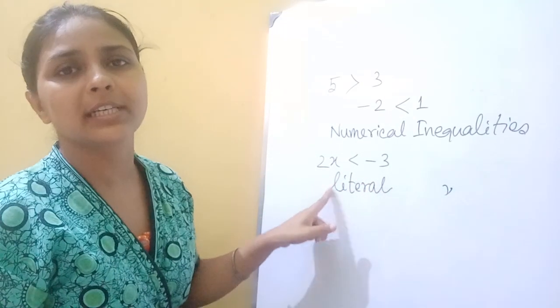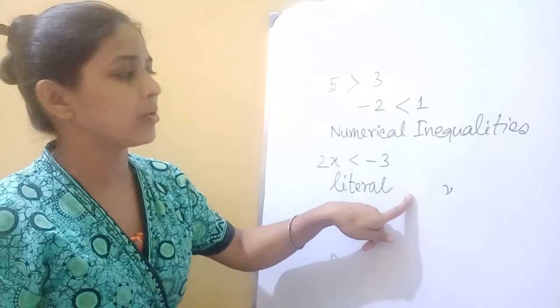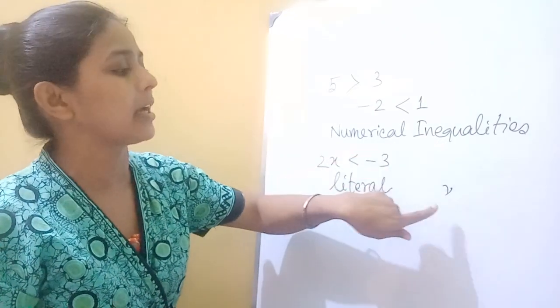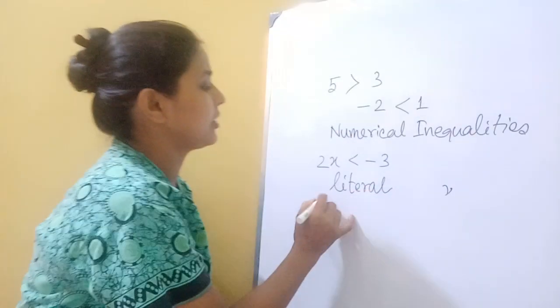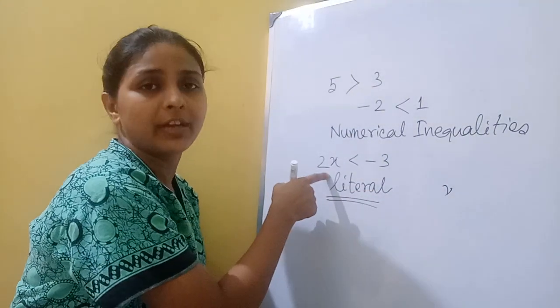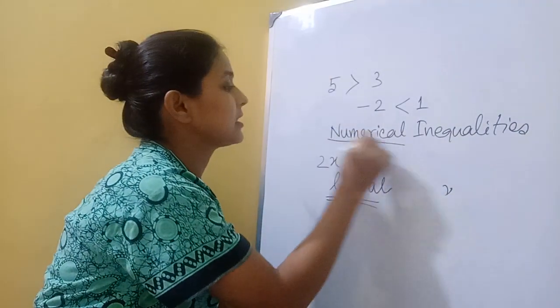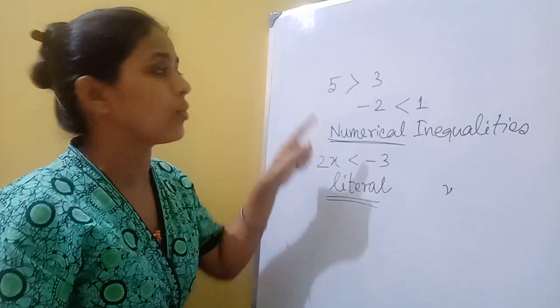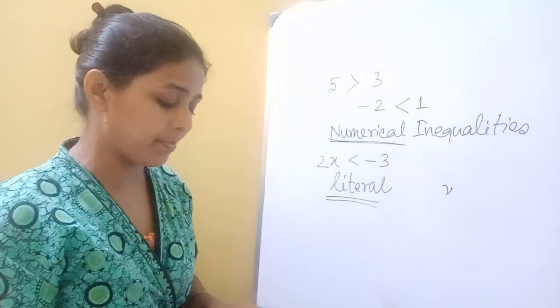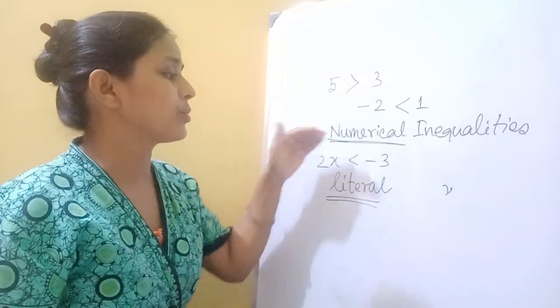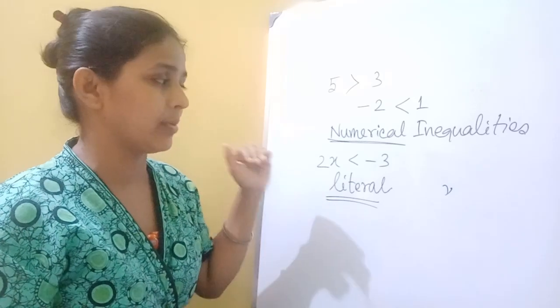So this is literal inequality where a variable is present, and this is numerical inequality where only constant terms, that is the numbers, are present. So these are two types of inequalities.